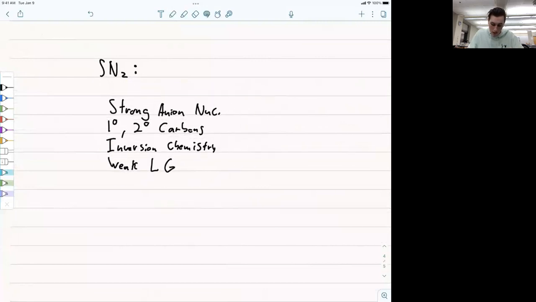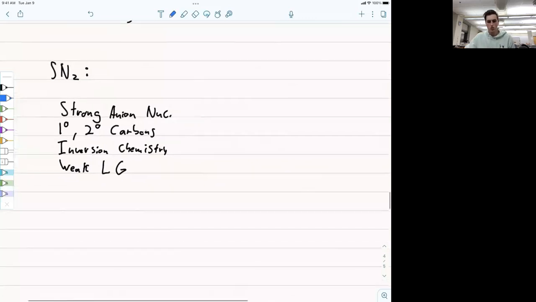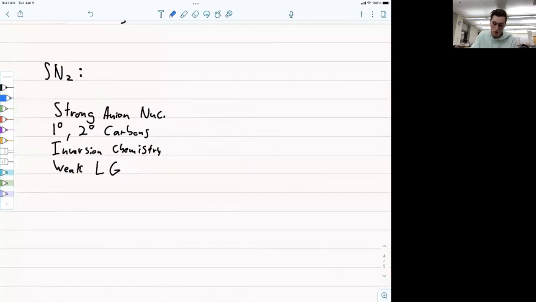As far as the mechanism goes, you'll start with the option to make a better leaving group. That can happen. Some of the stuff I'm gonna do will probably be like an example of what you might see on the open-ended of some of these reactions where you're gonna draw out your whole mechanism.